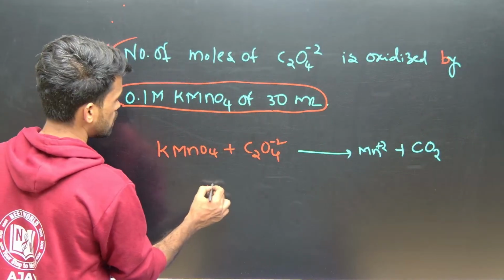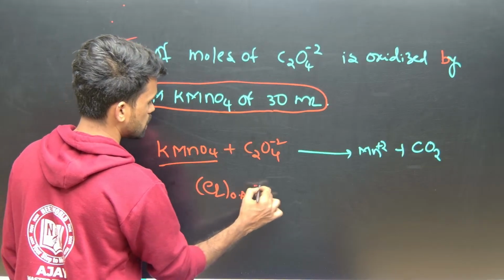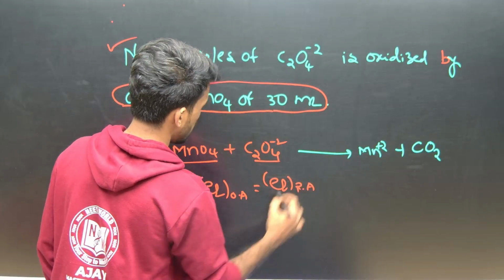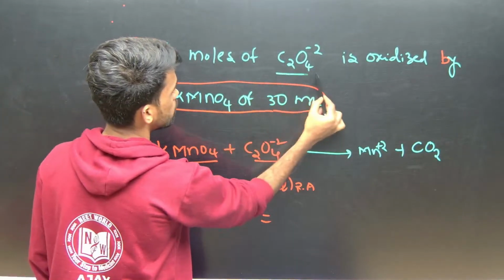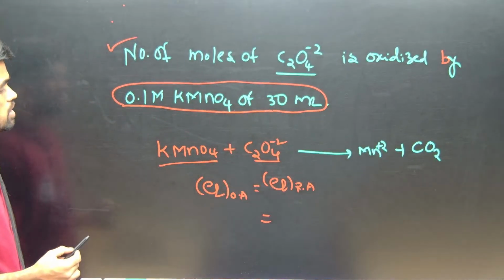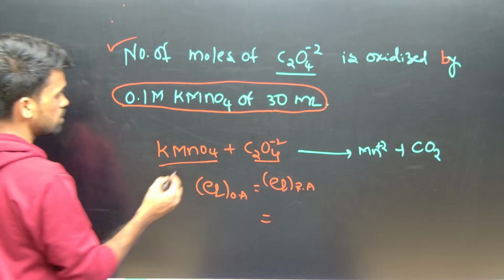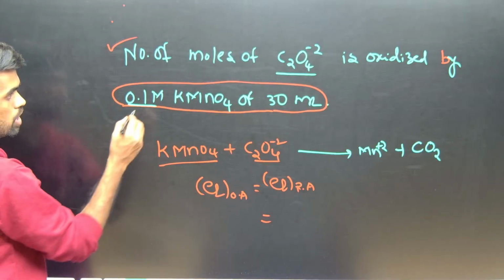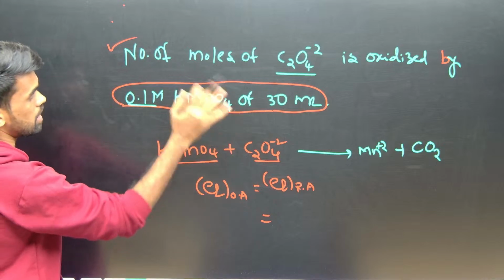You can use the law of equivalence: equivalence of the oxidizing agent and equivalence of the reducing agent. Now what is the data they have provided? Number of moles of oxalate ion oxidized by KMnO4. On one side they have given molarity and volume, on the other side they are asking number of moles.